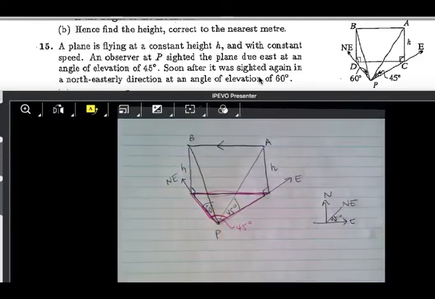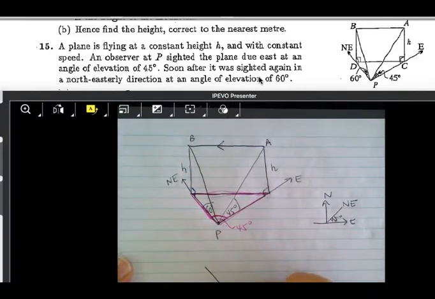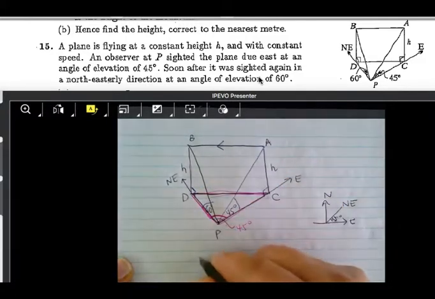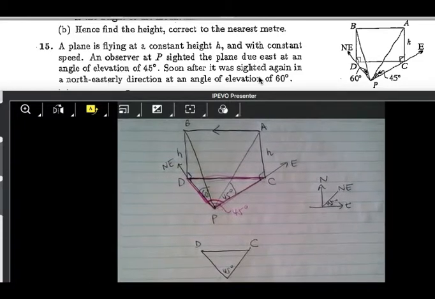That is 45. Now, that's a ground level diagram. I am going to draw another ground level diagram. Okay, now they've labeled these points C and D. My ground level diagram is D and C and P, and I definitely know that that's 45 degrees down there. That's what I've got on the ground.